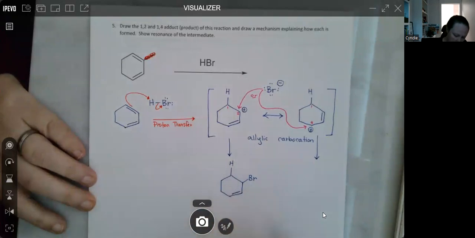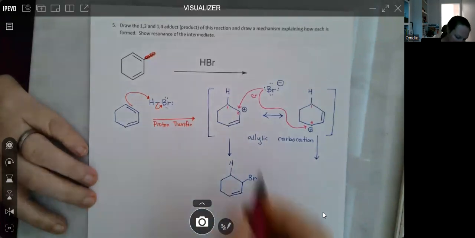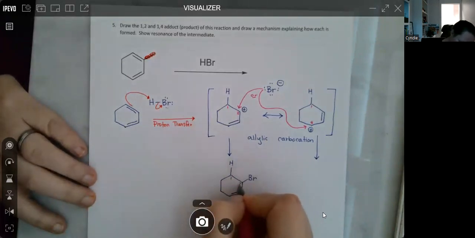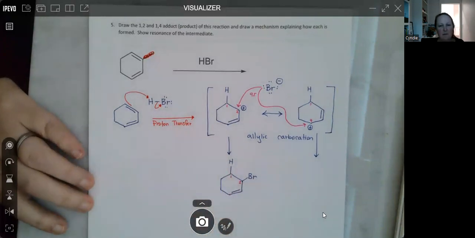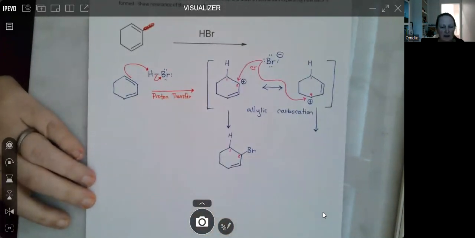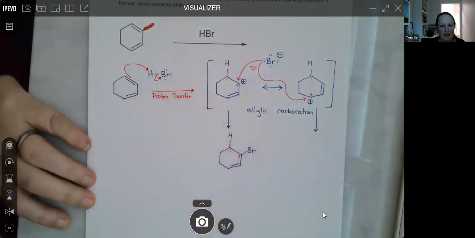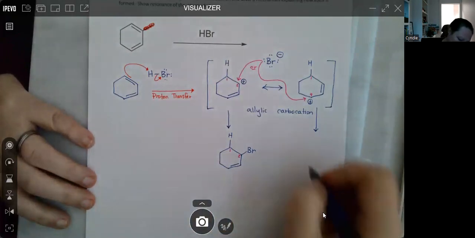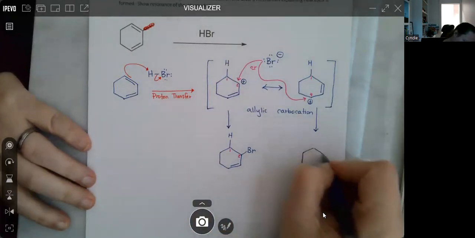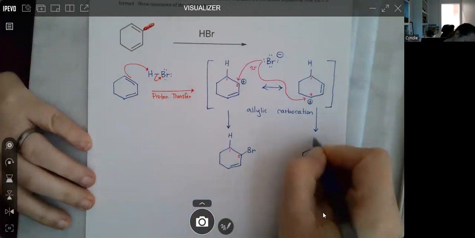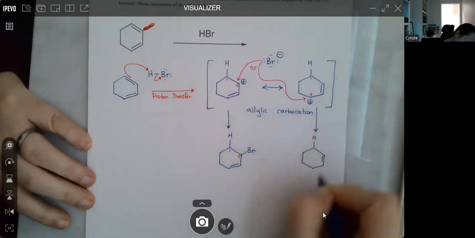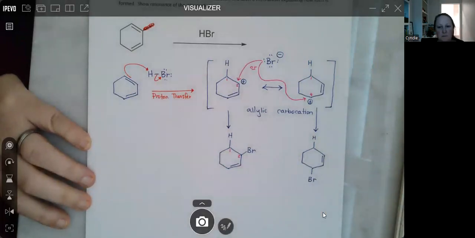Now, sometimes the hydrogen won't be drawn in. Sometimes we don't draw that in, so you want to imagine that it went in, and you can add it if you want to make it easier for you. If the bromine ends up on the 4 position, it will end up there.